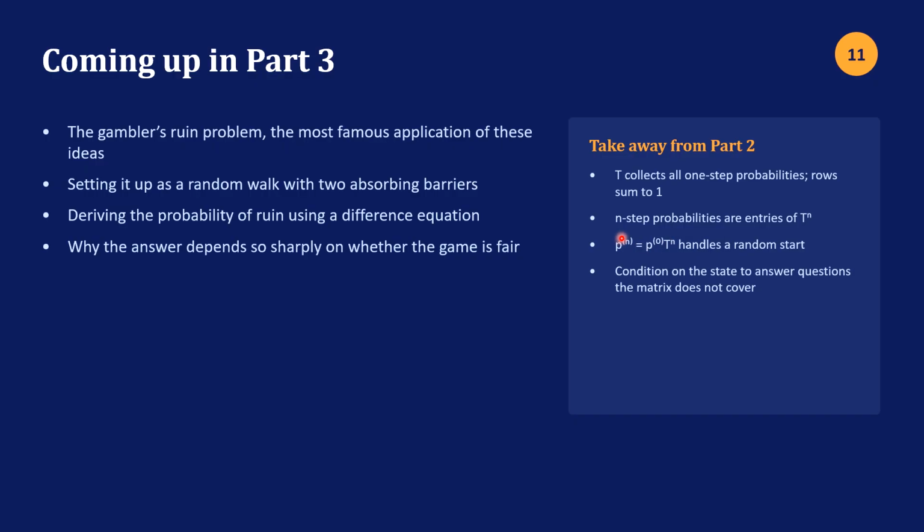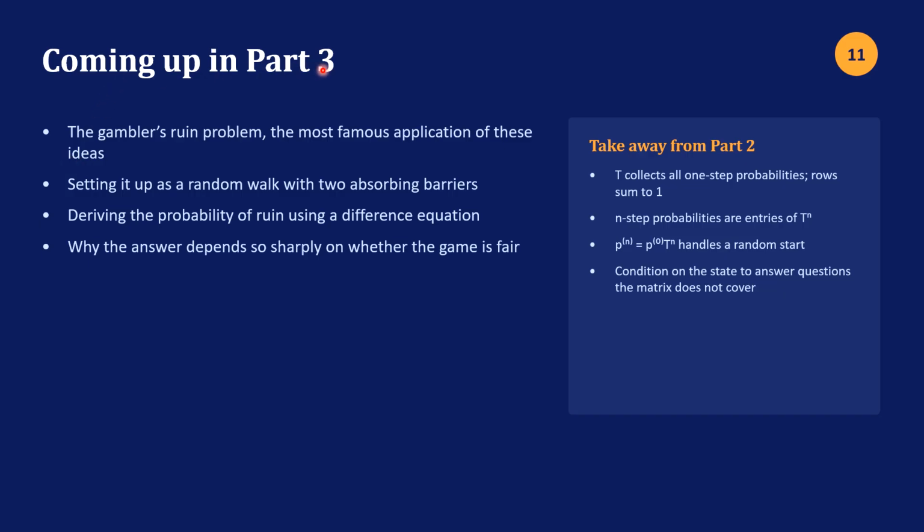That's this Pn here. And we've done an example of this. And then we saw in the example on the last slide, condition on the state to answer questions that the matrix doesn't cover.